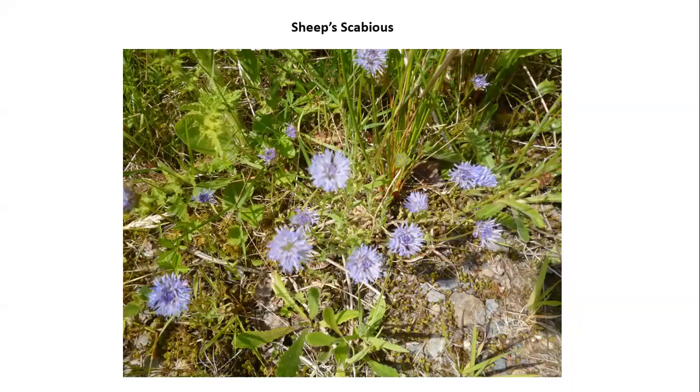This is one called sheep's bit. Sheep's bit likes a drier grassland environment. You won't find this in damp meadows, but you'll find it in drier meadows. You'll also find it growing out of walls. You're more likely to see it growing out of walls that surround these areas.